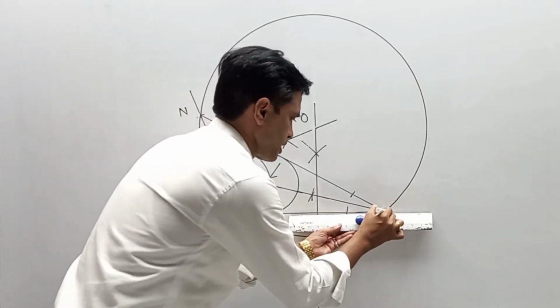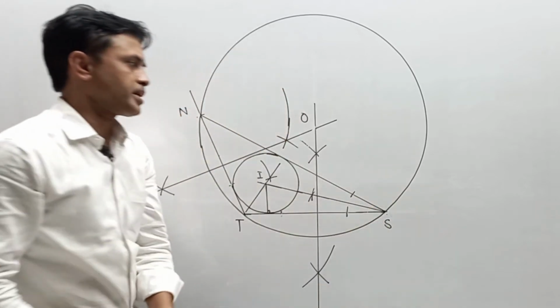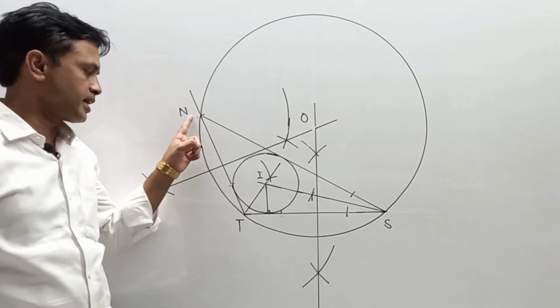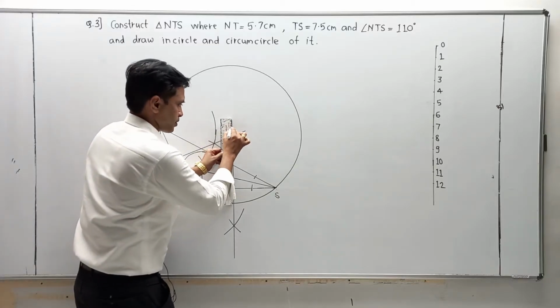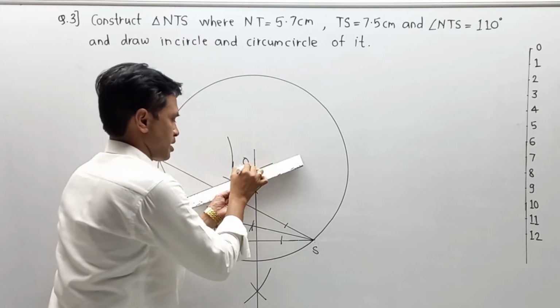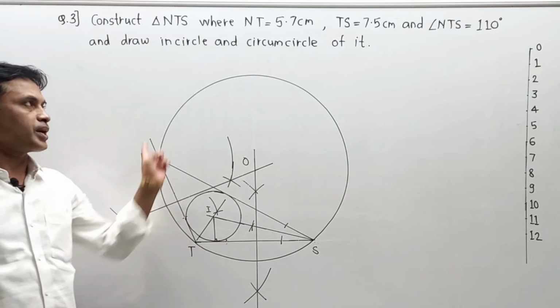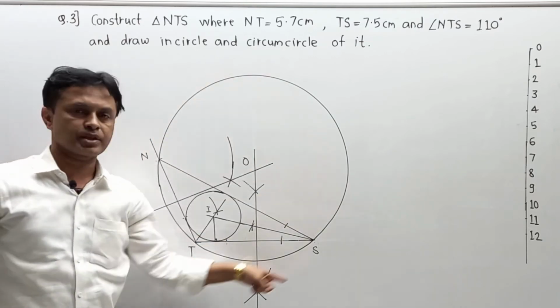Here we have drawn one circle with center O and it passes through all three vertices, that is N as well as T as well as S. And in this way you can complete a diagram of the incircle as well as the circumcircle.